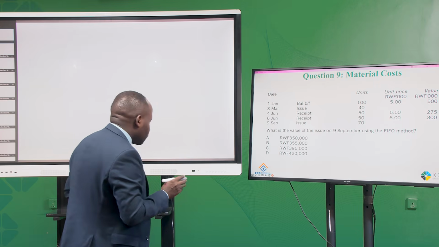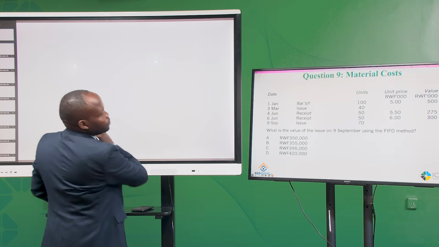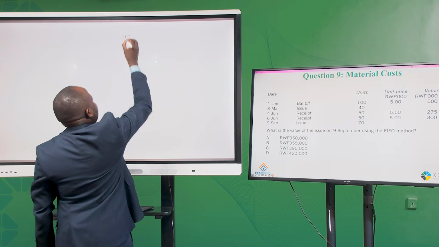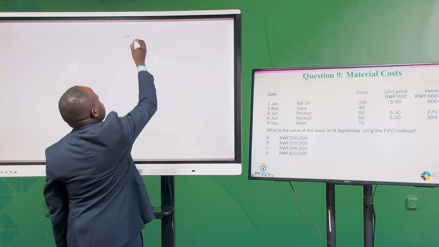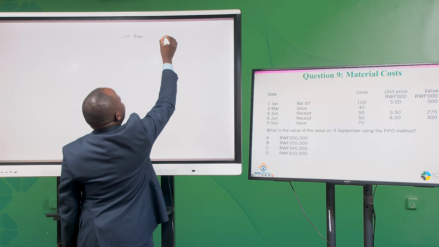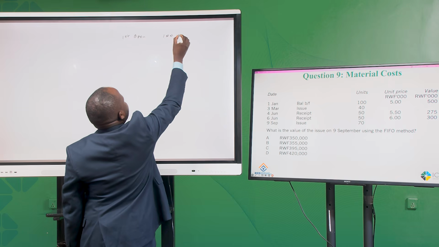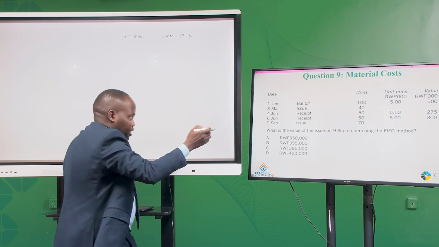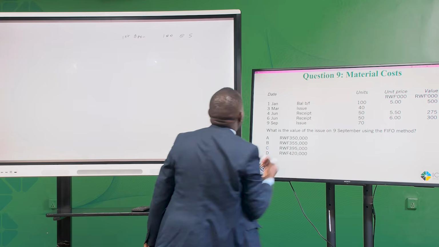So let's start with the first. On the first, this was opening balance. Now our opening balance was 100 at a price of 5. I know it's 5,000, but I'll use 5 there.